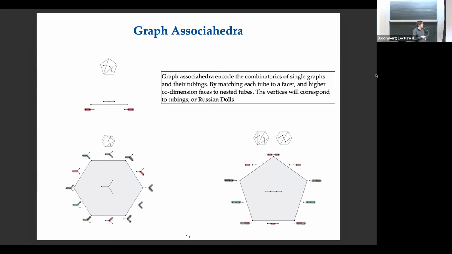Well, the most obvious thing one can do is label the facets by all the tubes, meaning all the poles that you have in your wave function coefficient. And 2 facets will be compatible if they correspond to 2 non-overlapping tubes.